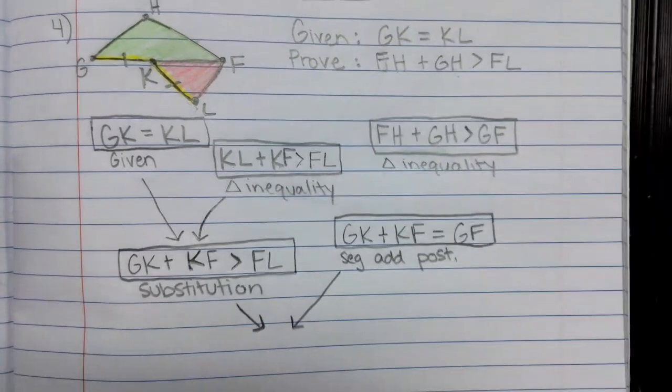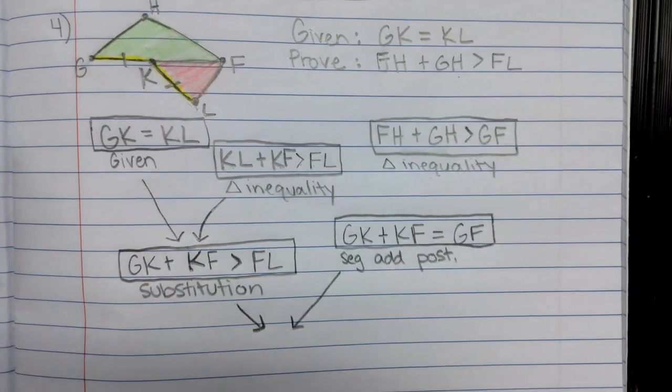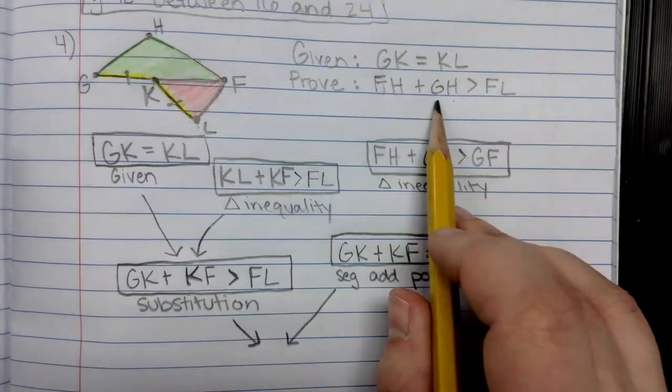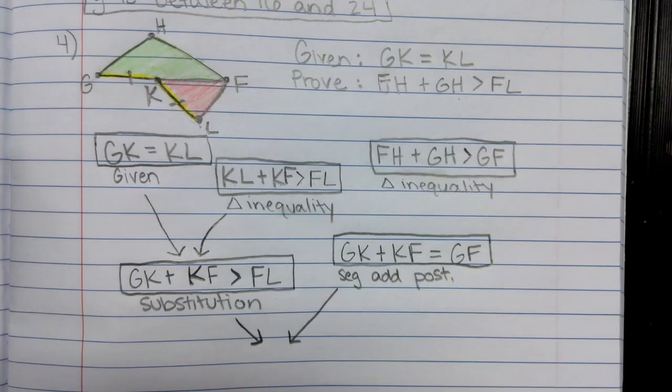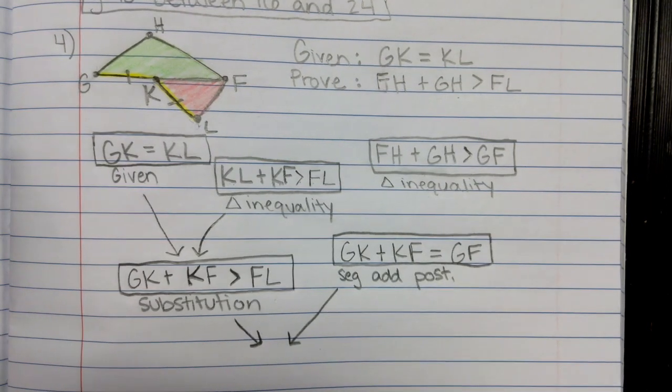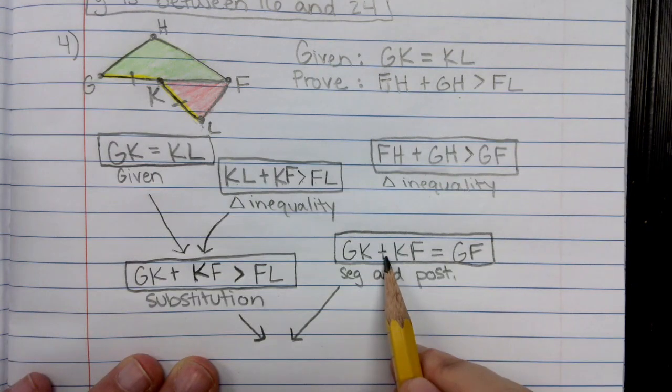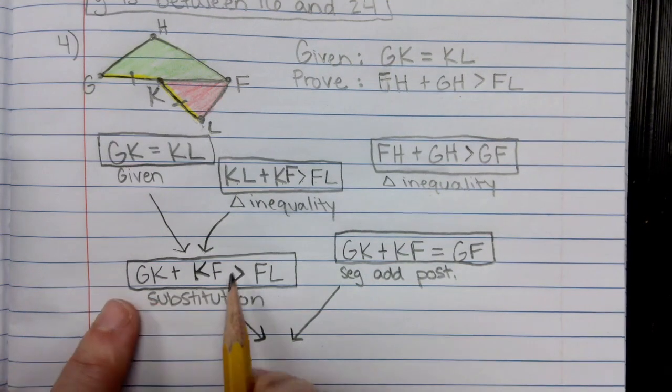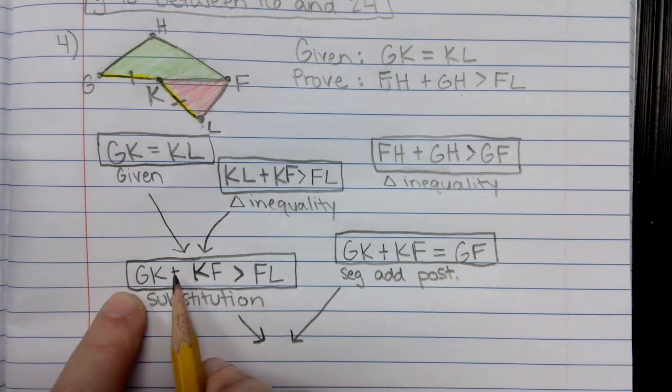So if GK plus KF is GF, what do we know is really bigger than FL? GF is really bigger than FL.